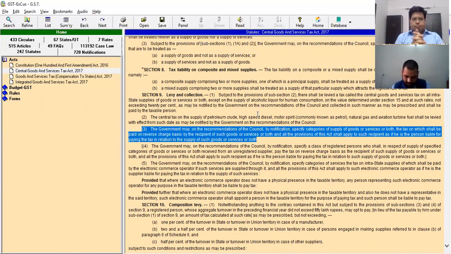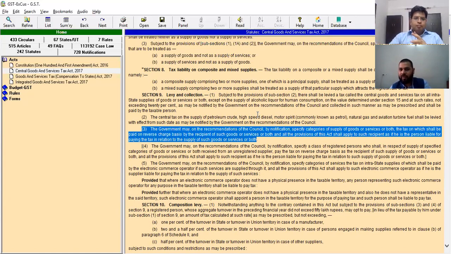Generally, when the supplier of services or goods pays the tax, it is known as forward charge. But since here the recipient is going to pay the tax instead of the supplier, they use the word reverse charge. So it's reverse in nature, hence the term reverse charge.